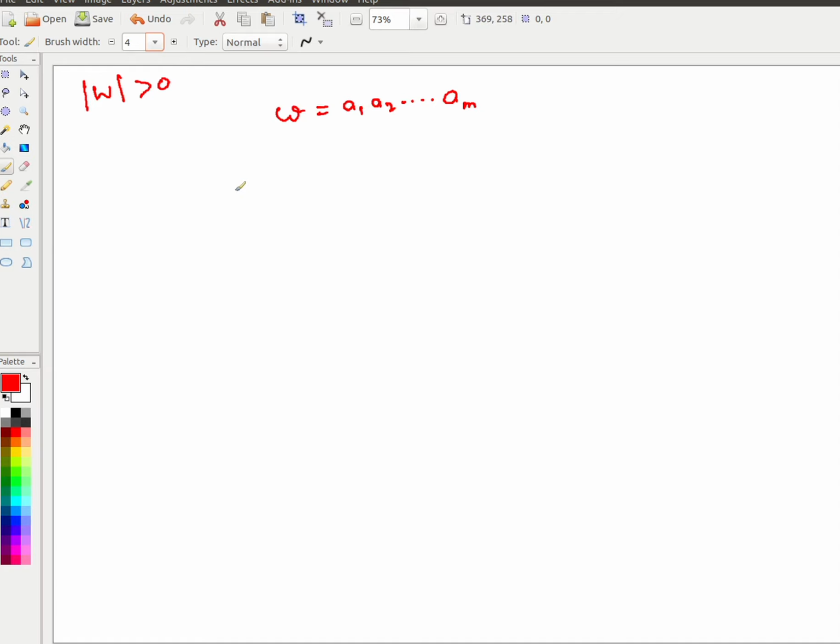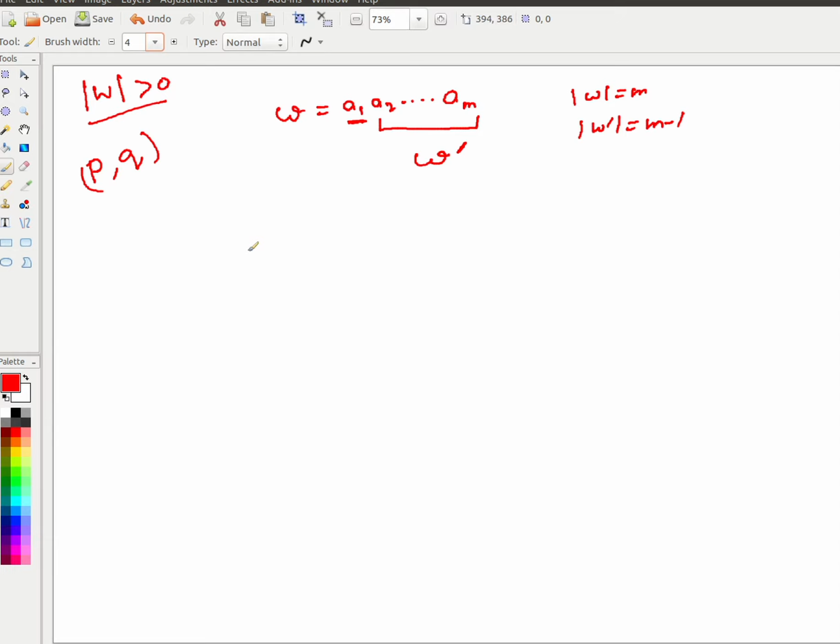Now, if I leave A1 and take the rest as W dash, the length of W is M, so the length of W dash will certainly be M minus 1, correct? So what is this W? This is the smallest length string that distinguishes P and Q.